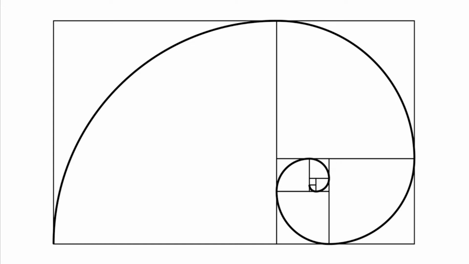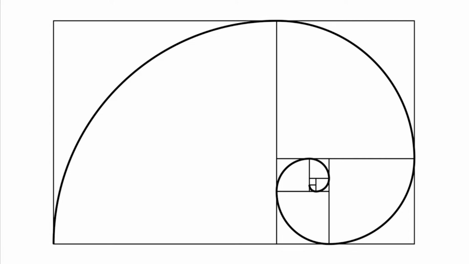I'm not going to go into the mathematical principles of it because it's quite complicated, but I'll just say that it's a ratio commonly found in nature. You can use the golden ratio to help you construct compositions by putting key elements along its lines.